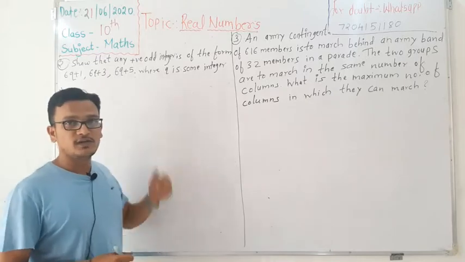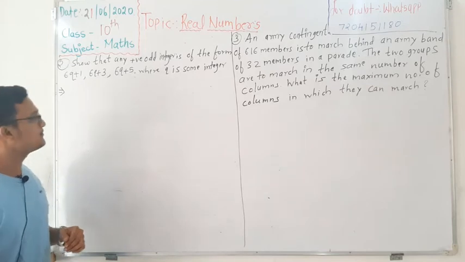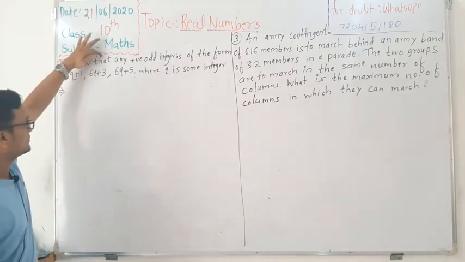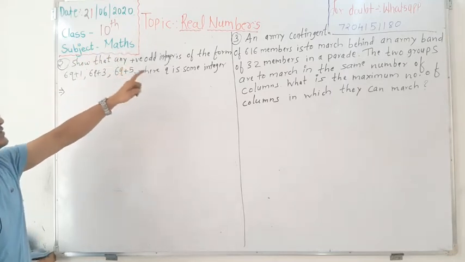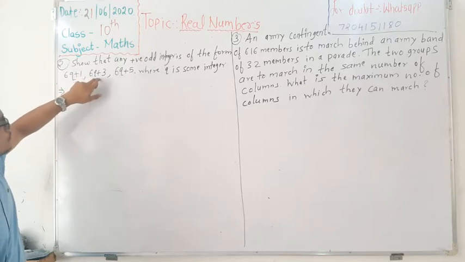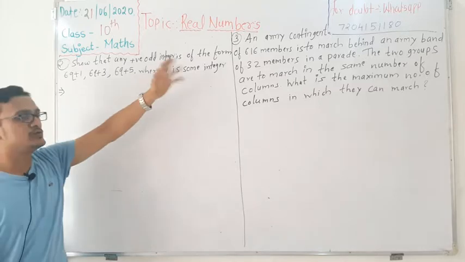So now here we will continue with the second example. So second question is what? Show that any positive odd integer is of the form 6q plus 1, 6q plus 3, 6q plus 5, where q is some integer.